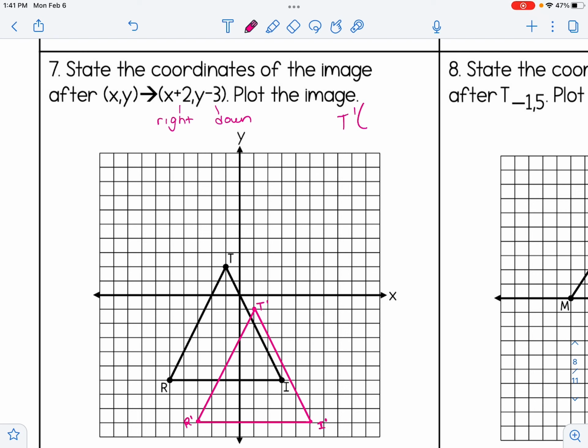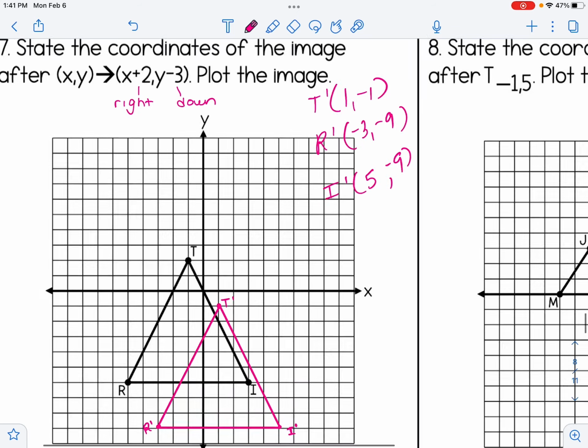T prime looks like it is going to be (1, negative 1). R prime is (negative 3, negative 9). And I prime is (5, negative 9).